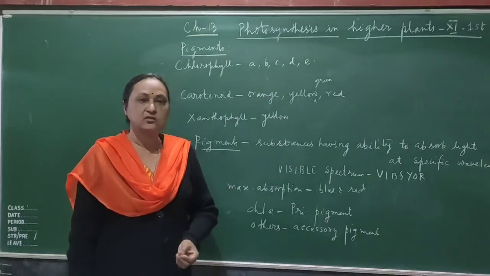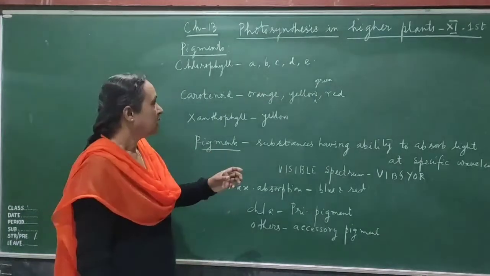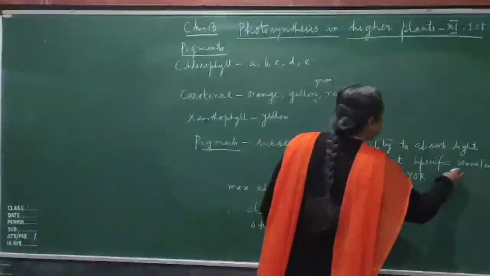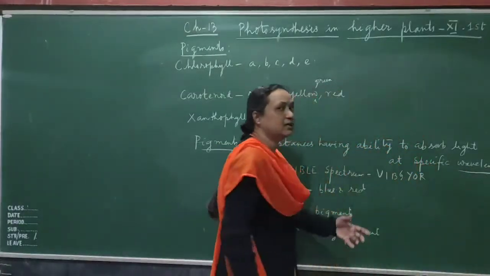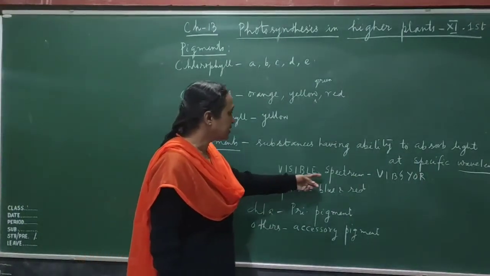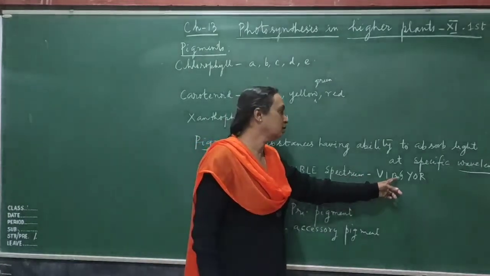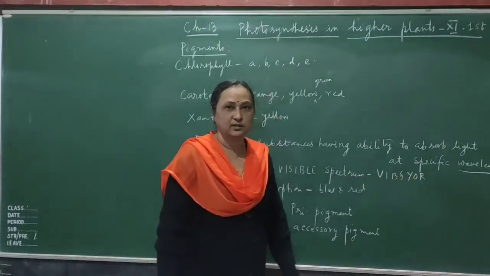Because photosynthesis takes place in the visible spectrum, at different specific wavelengths different pigments absorb solar energy. Okay, so the visible spectrum has the colors violet, indigo, blue, green, yellow, orange and red.